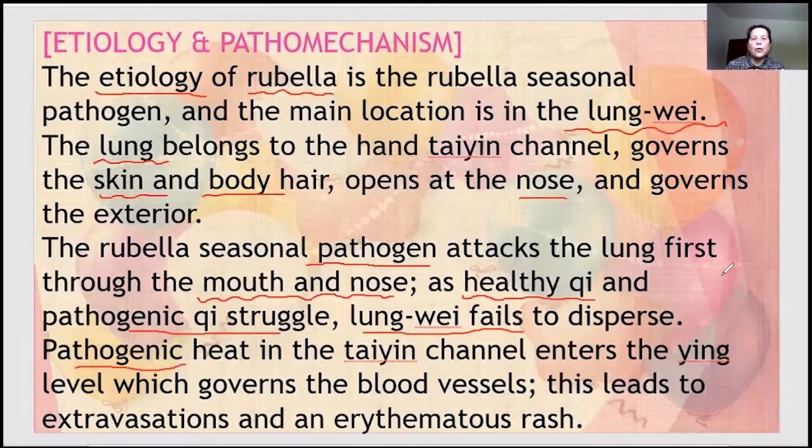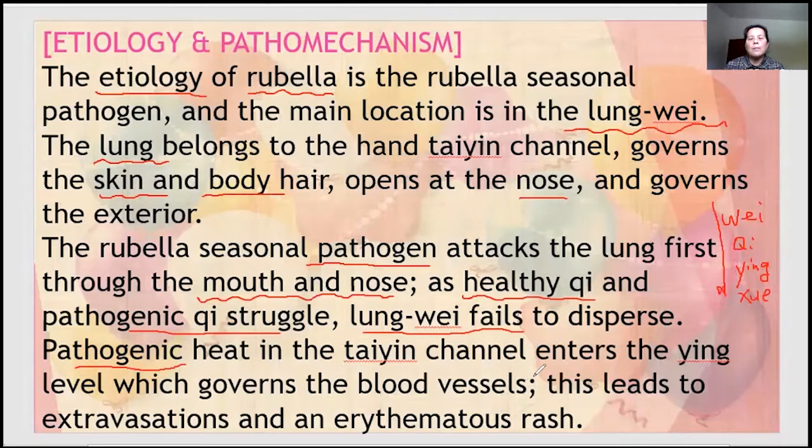Like we're talking about the 4 levels, the pathogen goes to the wei level first, then qi level, then ying level, then blood level.